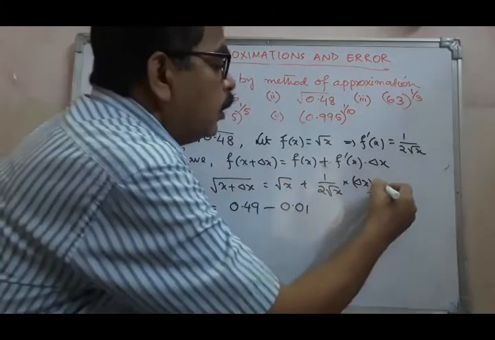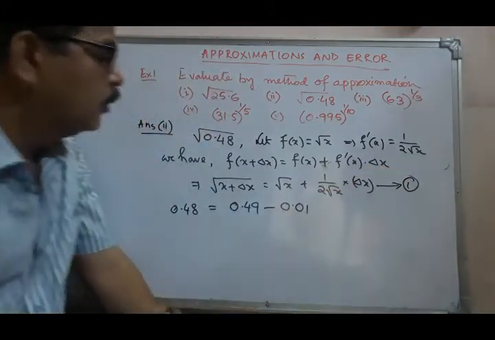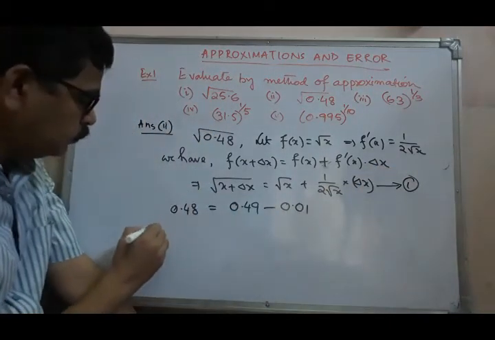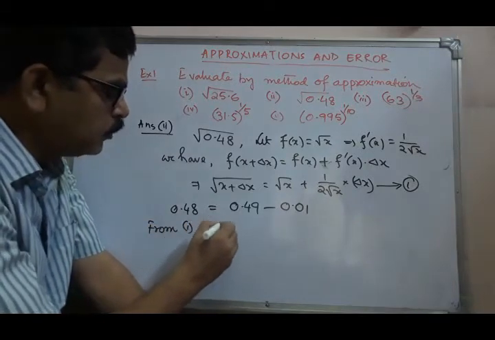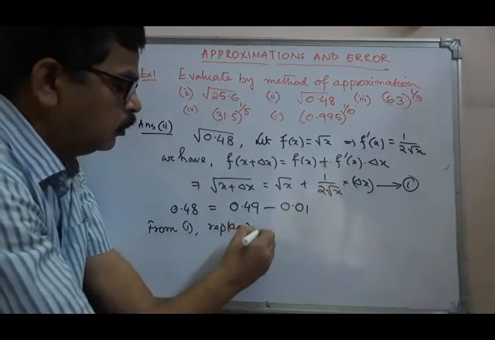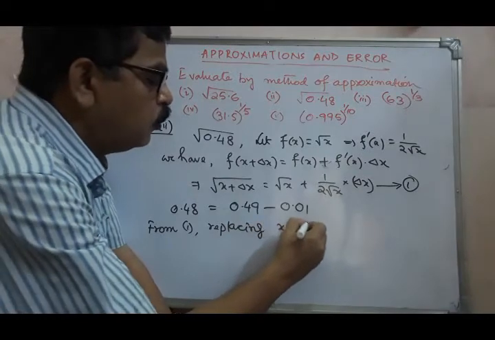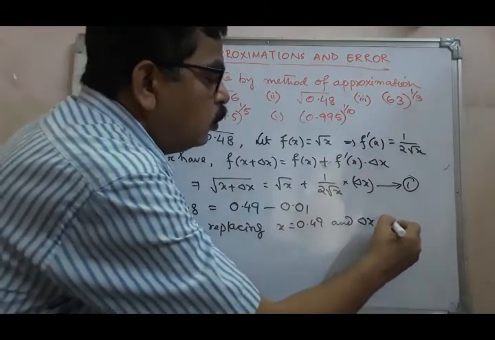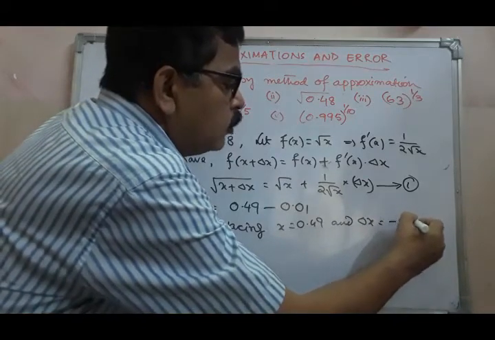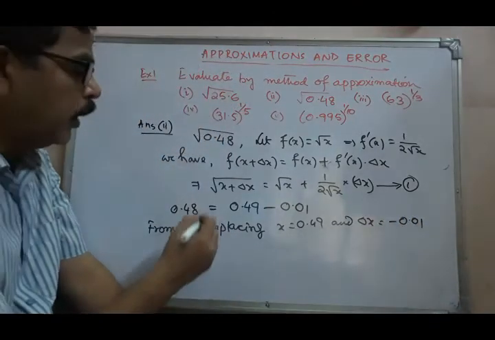So from relation 1, replacing x equal to 0.49 and delta x equal to minus 0.01, what will we get?